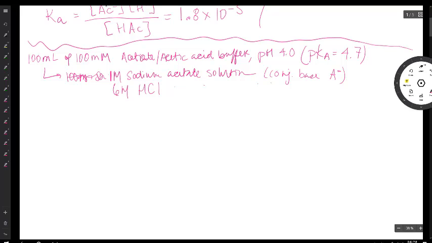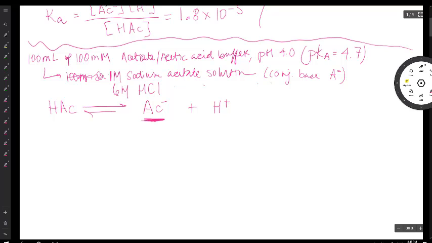So again, just to draw out our reaction here, we have our acetic acid, and it's going to partially dissociate to form the AC minus, the acetate ion, and the H plus. So in this case, we have only AC minus.